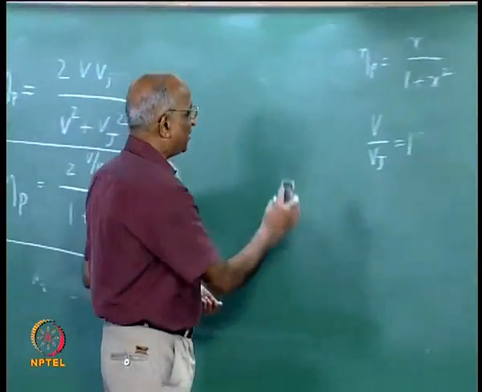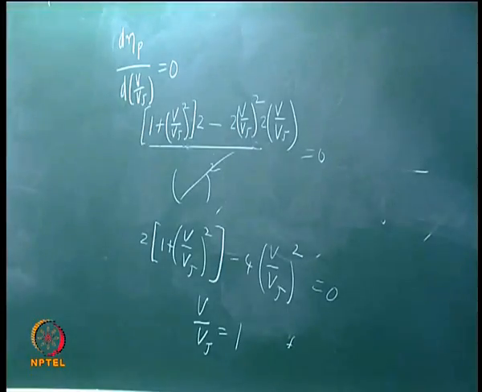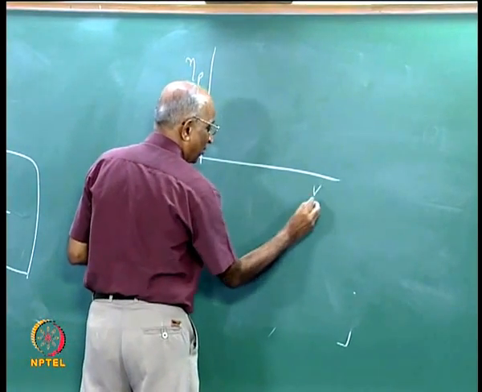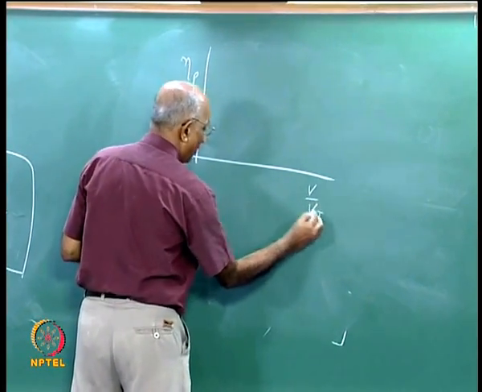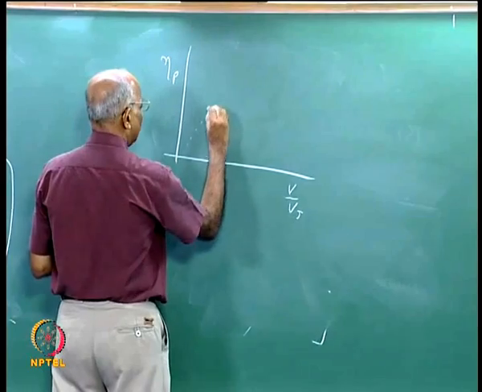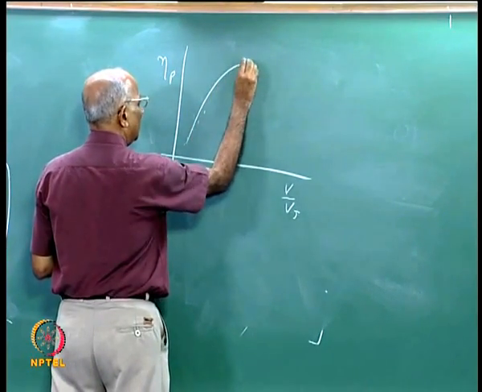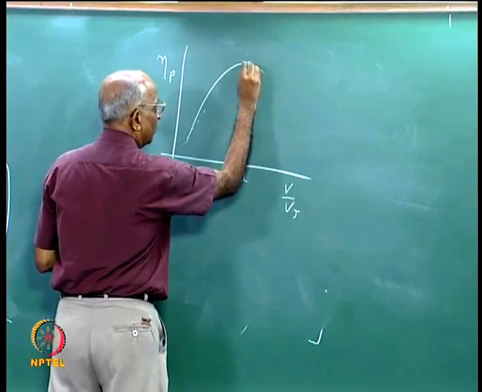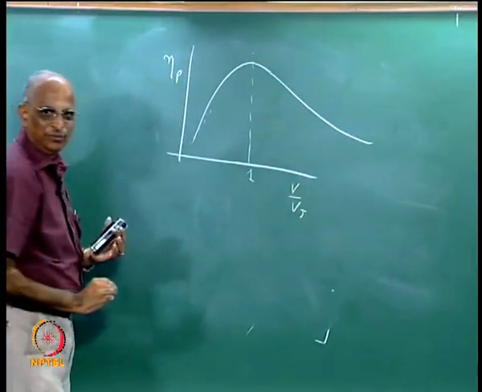Therefore, all that we are trying to say is, if I were to plot the propulsive efficiency of a rocket, eta p, as a function of its flying velocity divided by the jet velocity, the efficiency becomes a maximum when the ratio is 1 and thereafter it begins to go down.